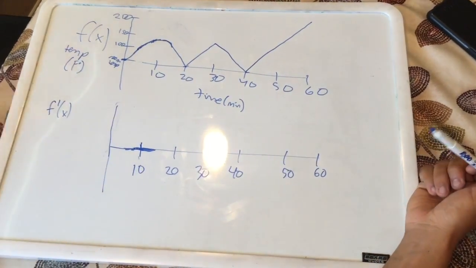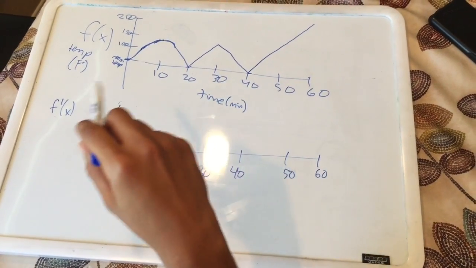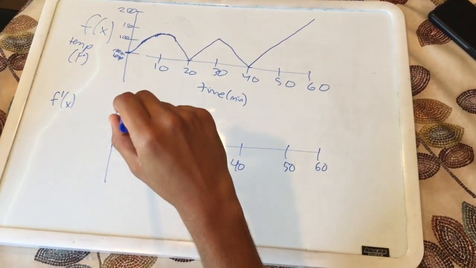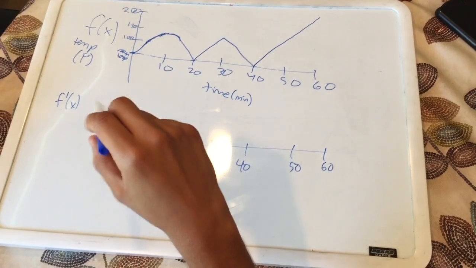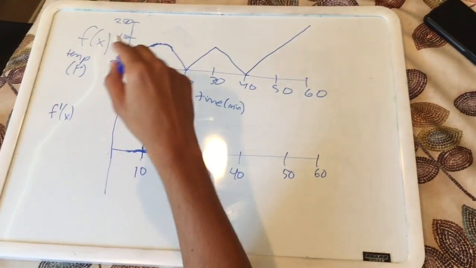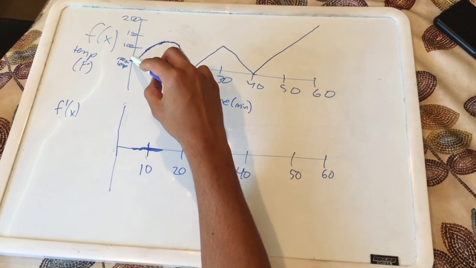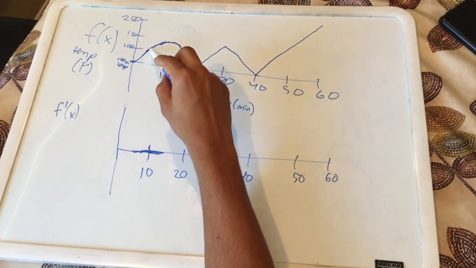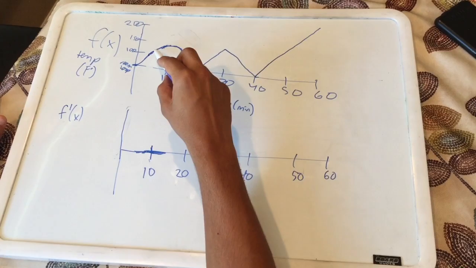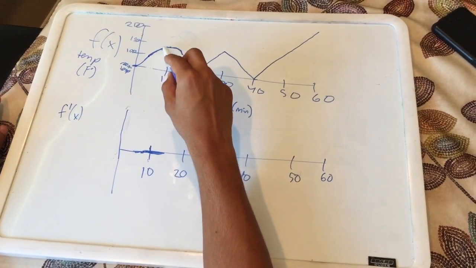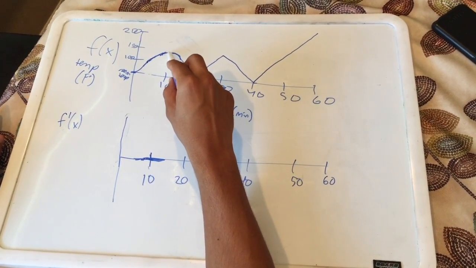So you're probably wondering, now that we have the temperature, how do we measure the rate at which the temperature is changing? As you can see, when we first put the potato in the oven, it started increasing, but once we opened it up, the temperature was still going up, but it was increasing at a decreasing rate because more and more heat was leaving the oven.